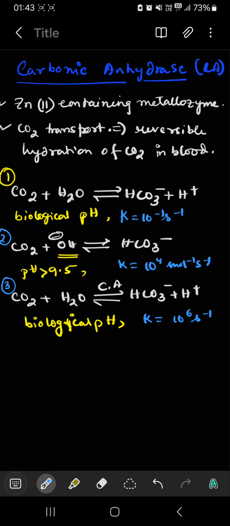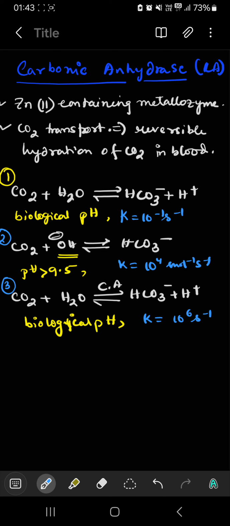Now this is called the turnover number. As we know, what is the turnover number? It is the number of substrate molecules transformed by the enzyme. In this case, it is the number of CO2 molecules hydrated and carried in the blood in the form of bicarbonate, per molecule of enzyme when the enzyme is fully saturated with the substrate.